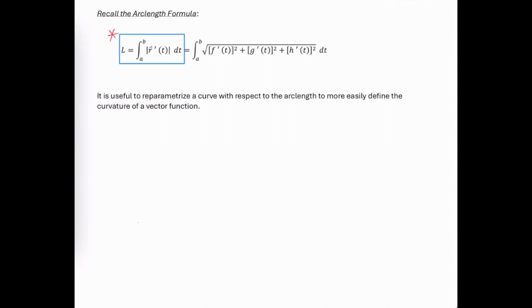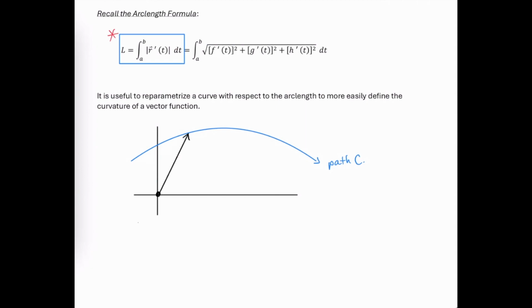So we'll start by using this arc length formula here and also consider a little concept drawing to make sure we understand what's happening. So if a vector function traces out this path C, we'll begin this length of arc at a designated parameter value. In other words, we're going to let alpha be the parameter value that begins the arc, and we'll hold this value of alpha constant.